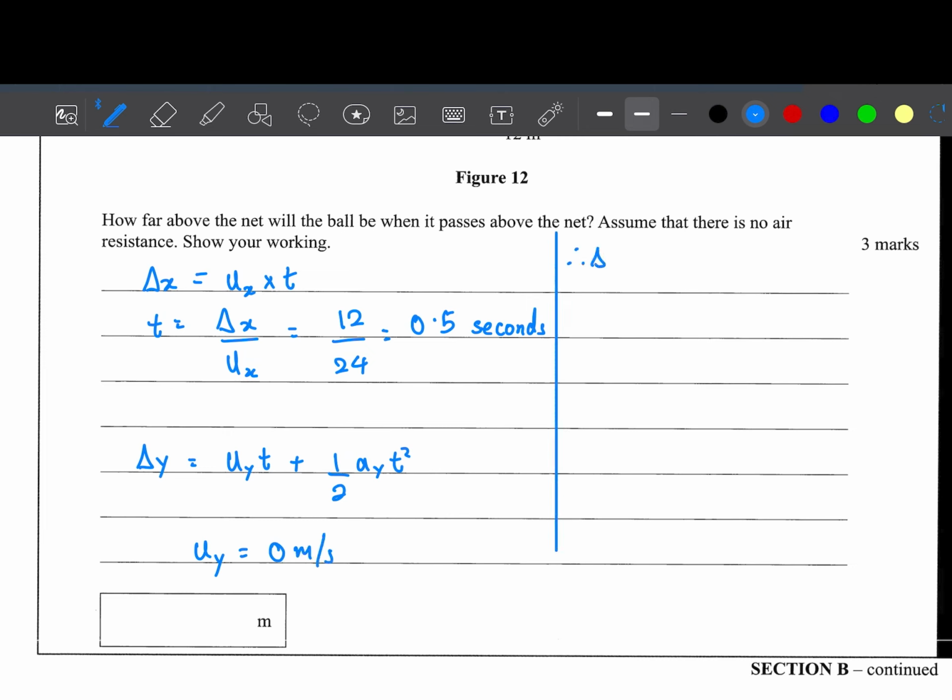Therefore, Δy equals 1 on 2 times negative 9.8 times t squared, which is 0.5 squared. So 0.5 times negative 9.8 times 0.5 squared. We will get negative 1.225 meters.